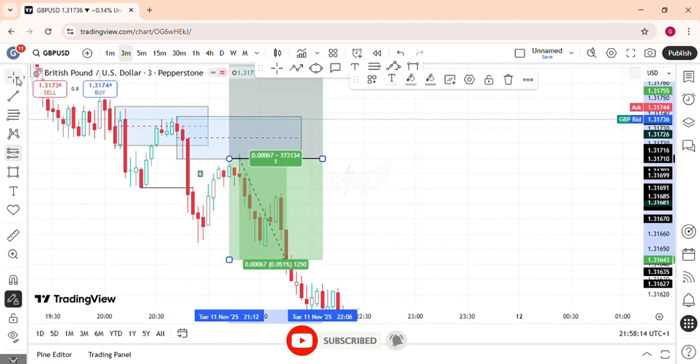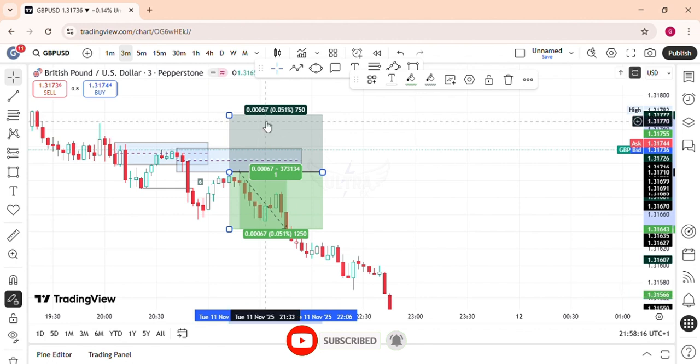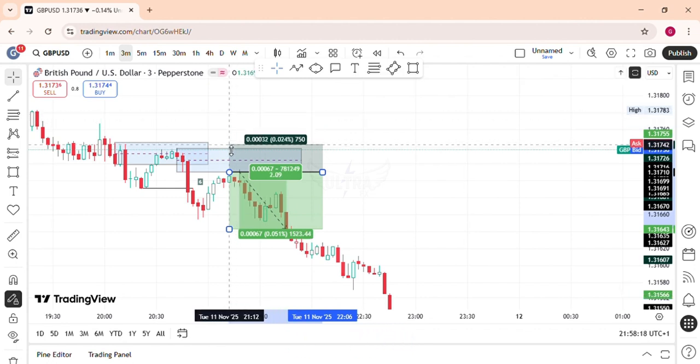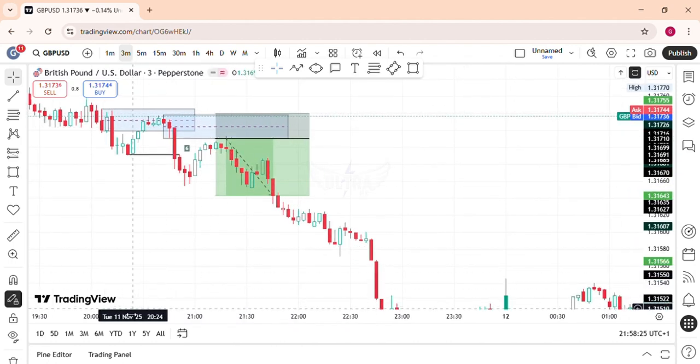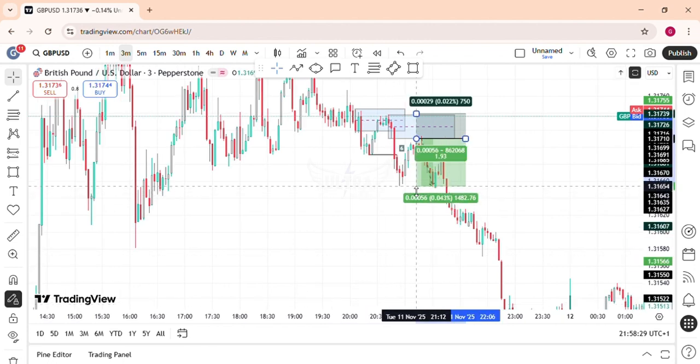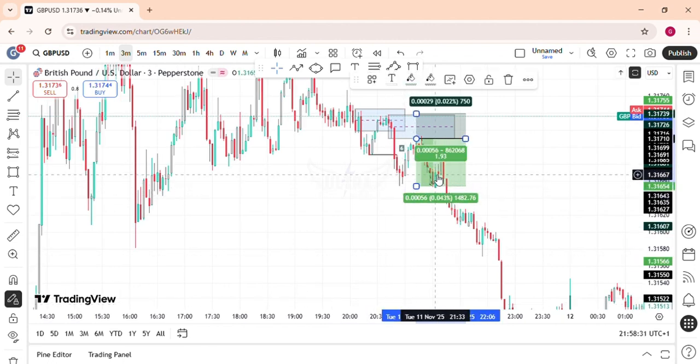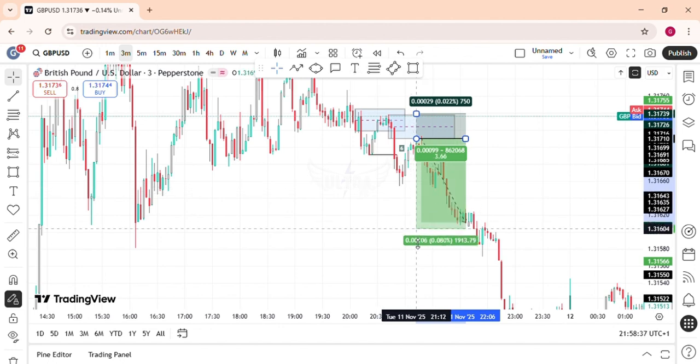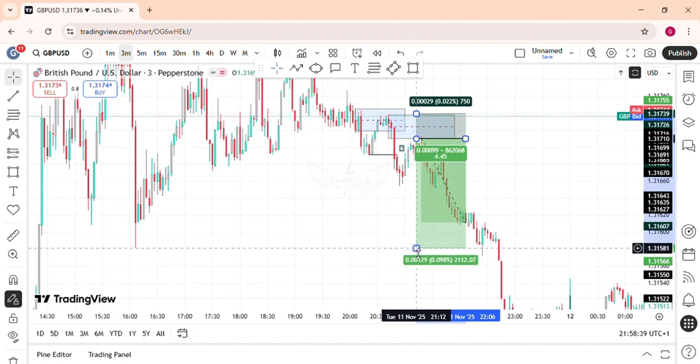And you have your stop loss right above this high, and your take profit will be at this previous low here, giving you a 1.93 risk to reward ratio for this low. And you can also go to this previous low here for a maximum risk to reward ratio.